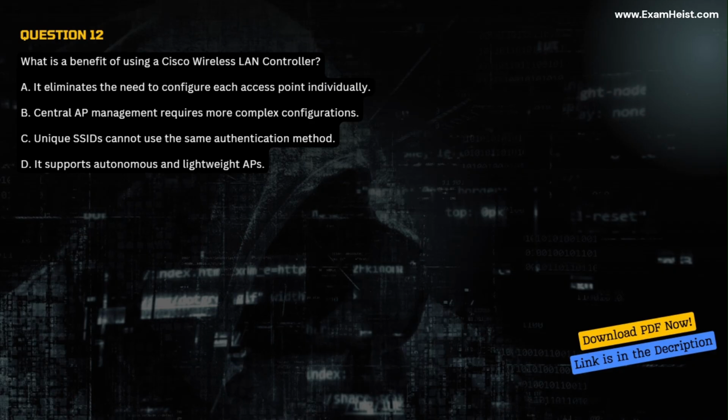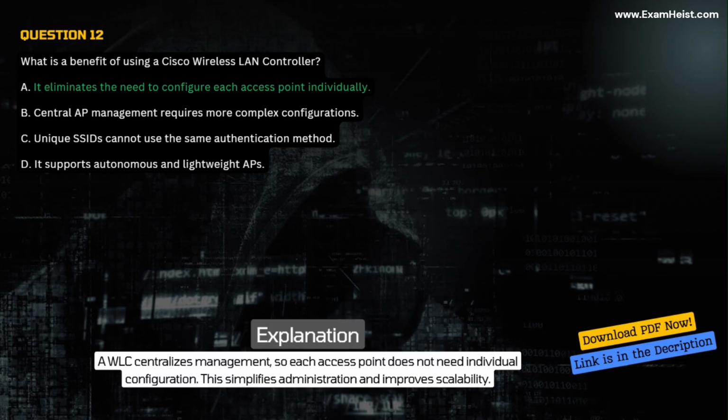D. It supports autonomous and lightweight APs. Correct answer A. It eliminates the need to configure each access point individually. Explanation. A WLC centralizes management, so each access point does not need individual configuration. This simplifies administration and improves scalability.